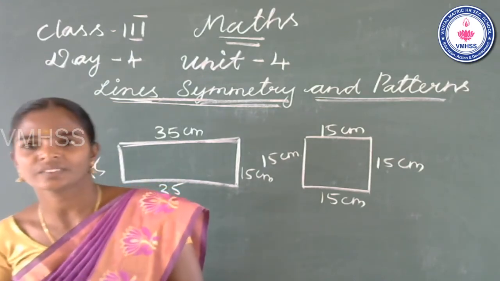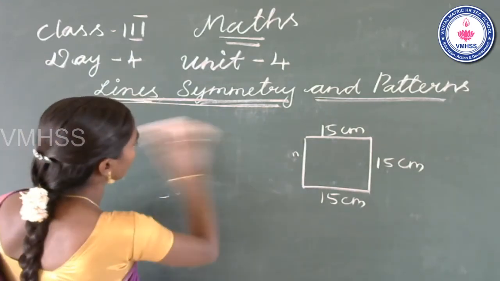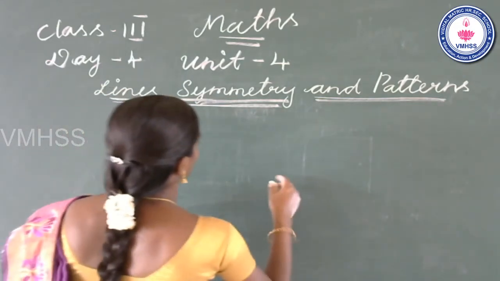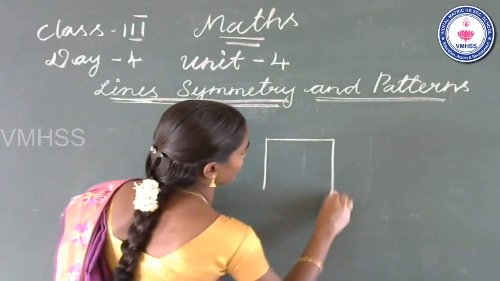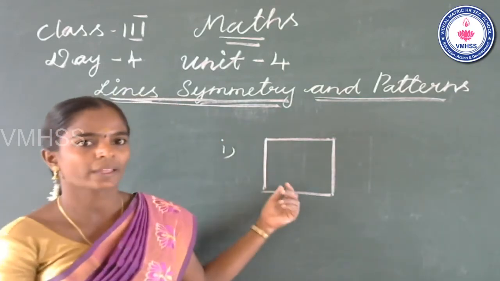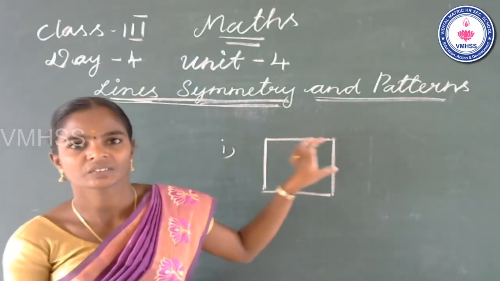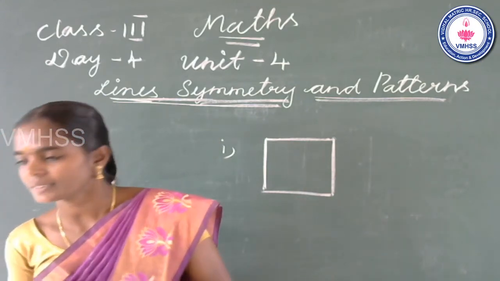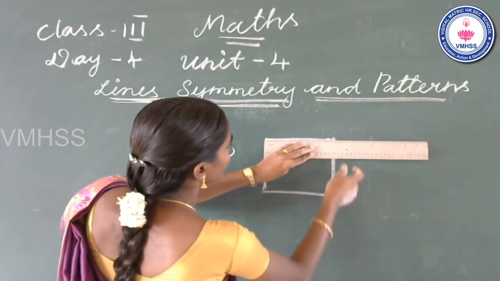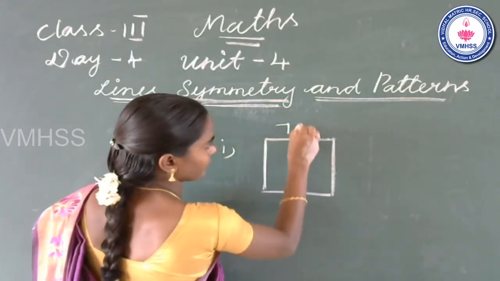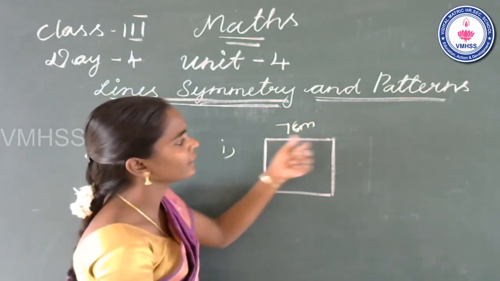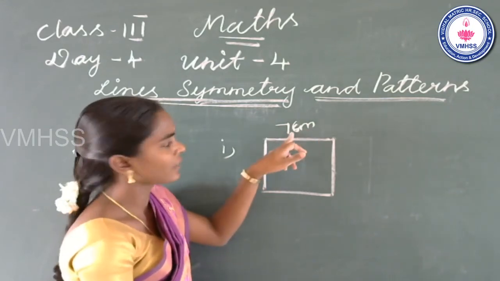Students, look at the board. First we measure the square shape. One square shape is given. Now we measure the length. First we take the ruler. The horizontal side is 7 centimeter.